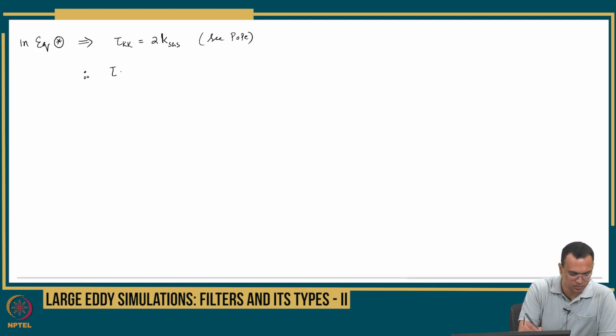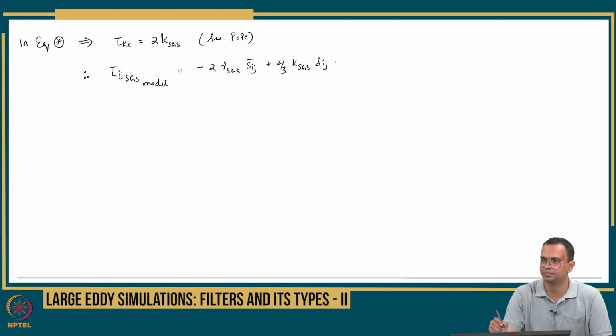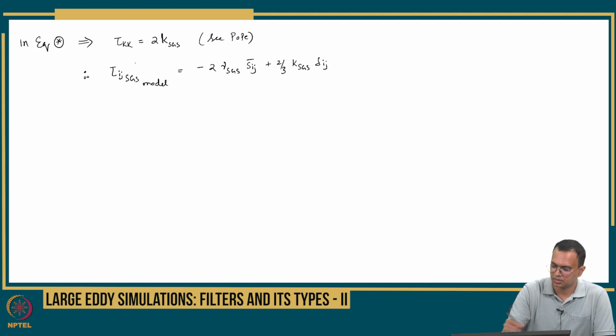Therefore tau ij SGS model is minus 2 nu SGS Sij bar plus, it now becomes, 2/3 k SGS delta ij. This is another option compared to the first. Equation star is one option. This is another option where both nu SGS and k SGS are unknowns.